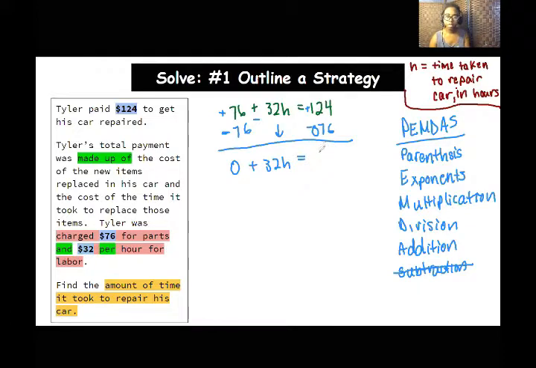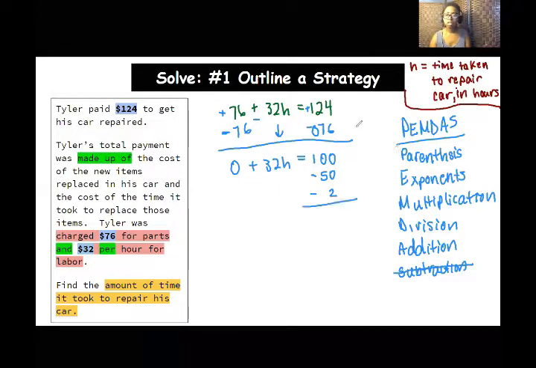So 100 minus 0 is 100. Now we're moving over to the tens place, which we have 20 and 70. So we're doing 20 minus 70. 20 minus 70 is negative 50. Okay. And then we're moving over to the ones place, 4 minus 6. 4 minus 6 is negative 2.